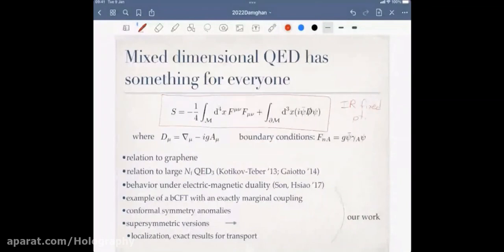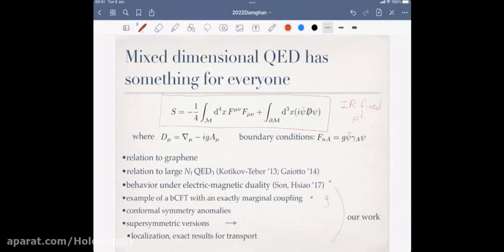There's the relation to large NF QED3 that I just pointed out. It has, maybe not surprisingly, some nice behavior under electric-magnetic duality. You can relate the strong coupling version of this to a weak coupling version of it and use that to further constrain scattering processes. That's something that Sun and Shao did a few years back. And then there's stuff that we've been working on, one of which I'll show you in the next few slides because I can't help it, even though it's kind of a distraction from the main thrust of the talk. It is indeed a conformal field theory, and in fact, it has an exactly flat direction.